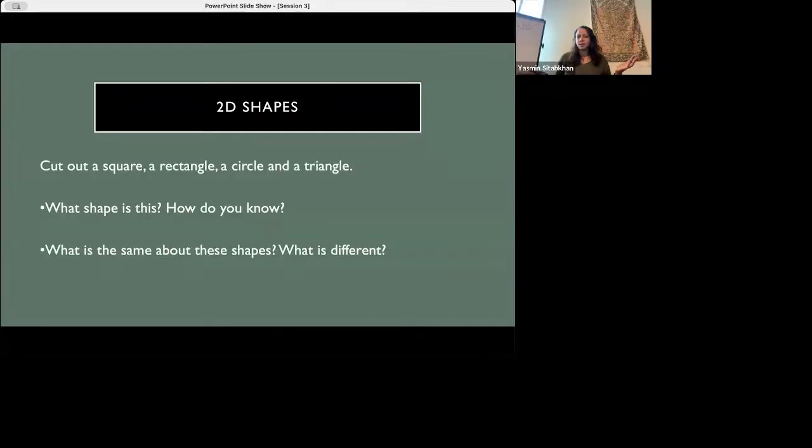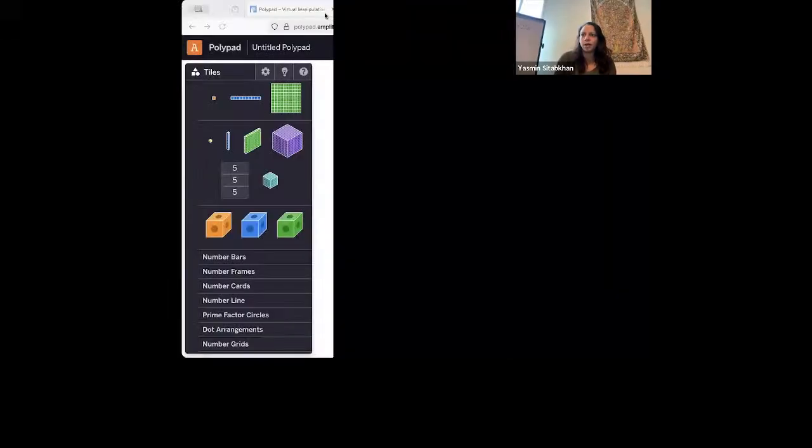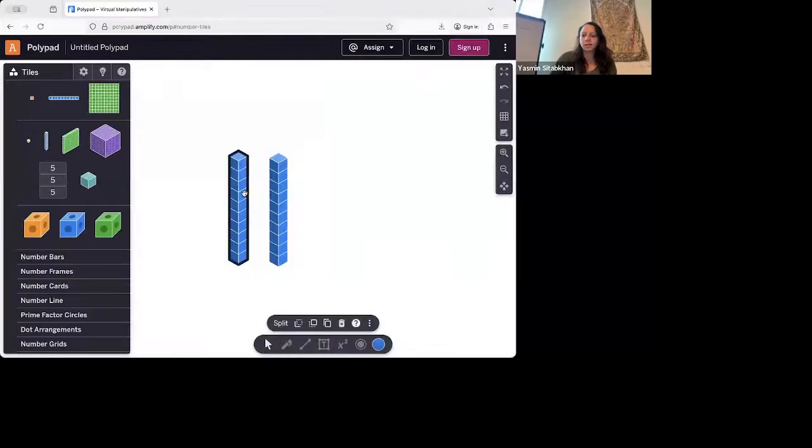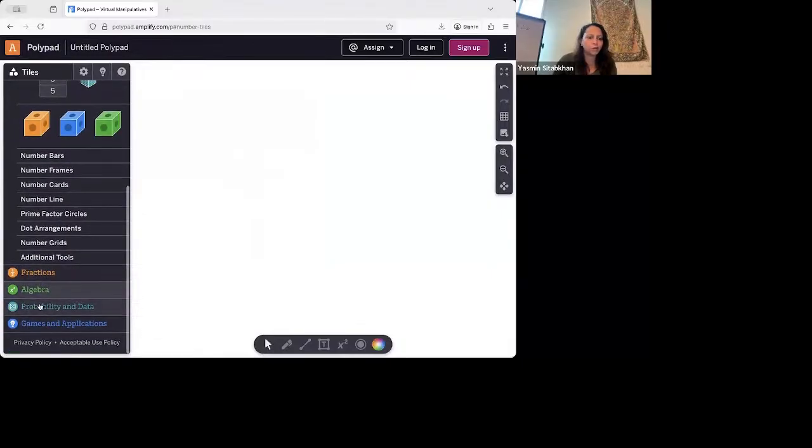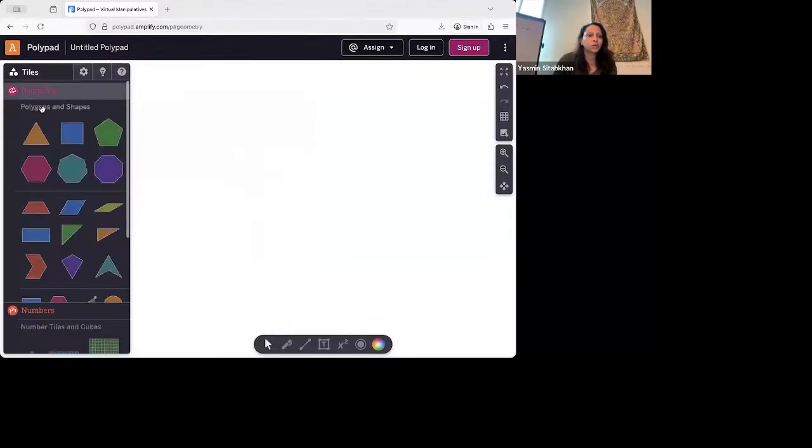If not, I'm going to share my screen, and let's pretend you all are students, let's say in grade 1. Can you see this? If you have those shapes, it would be great. You can also use this website; you go up to geometry and you have all these great shapes.